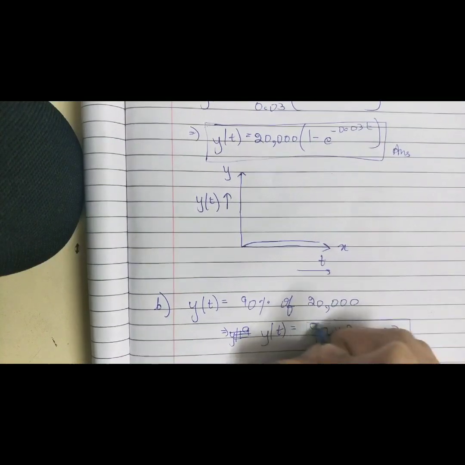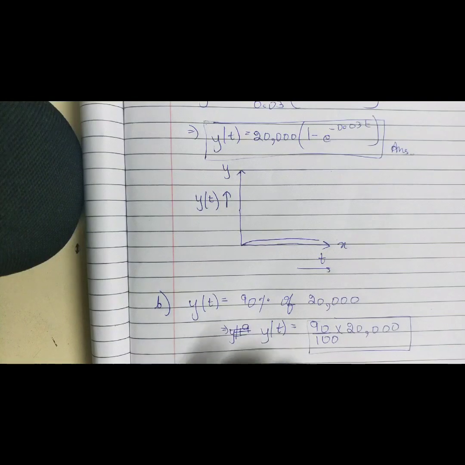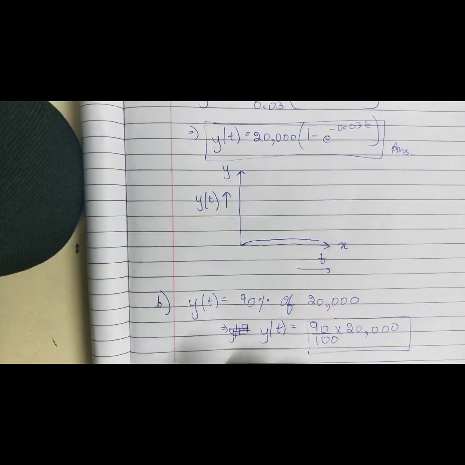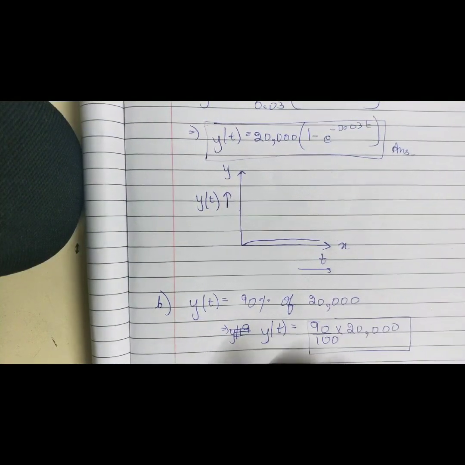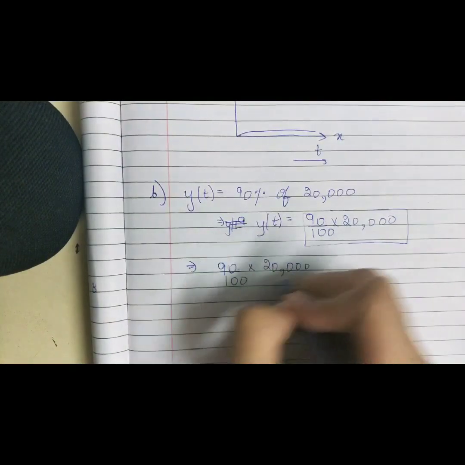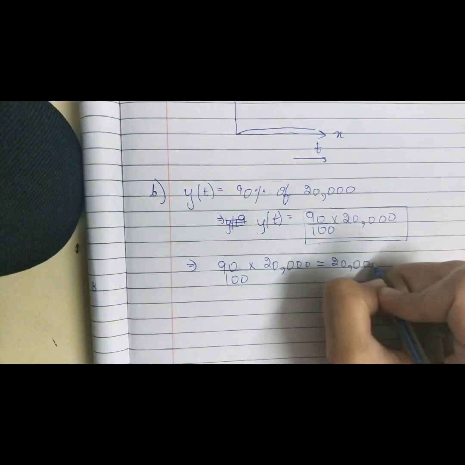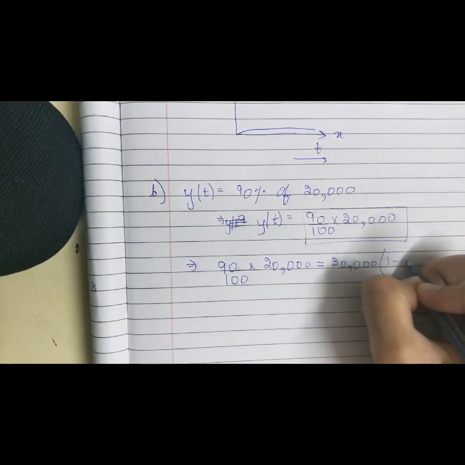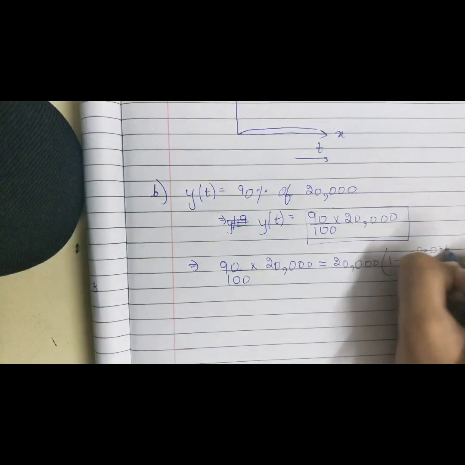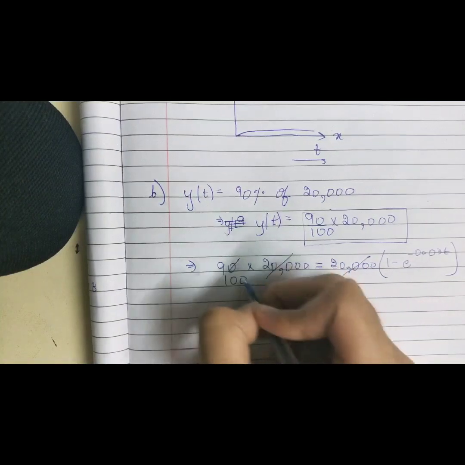So let's substitute it in the equation that we had just found. So 90/100 into 20,000 is equal to 20,000 times (1 minus e raised to the power minus 0.03 t), and 20,000 gets cancelled.